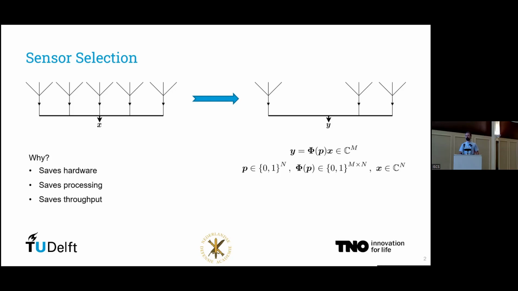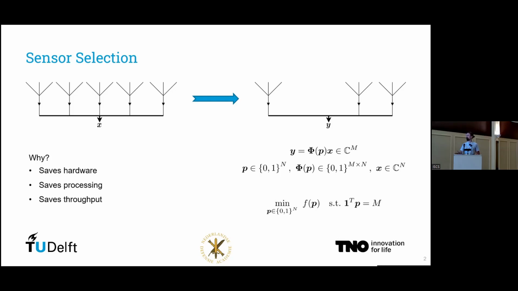And if that vector contains a 1 at a certain position, that means that we will be selecting that array element. If it's a 0, we will not select it. Yeah, and then in general, for sensor selection problems, you have some task. So you want to minimize some cost to perform that task based on that selection vector.